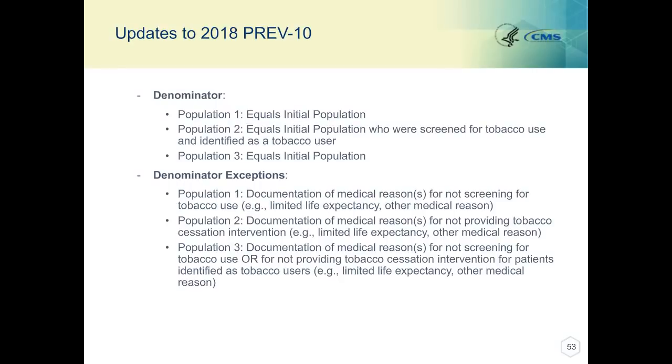For population 2, the exception is documentation of a medical reason for not providing tobacco cessation intervention, because those patients are only the ones who are identified as tobacco users. The population 3 is documentation of medical reasons for not screening for tobacco or for not providing tobacco cessation intervention for patients identified as tobacco users.